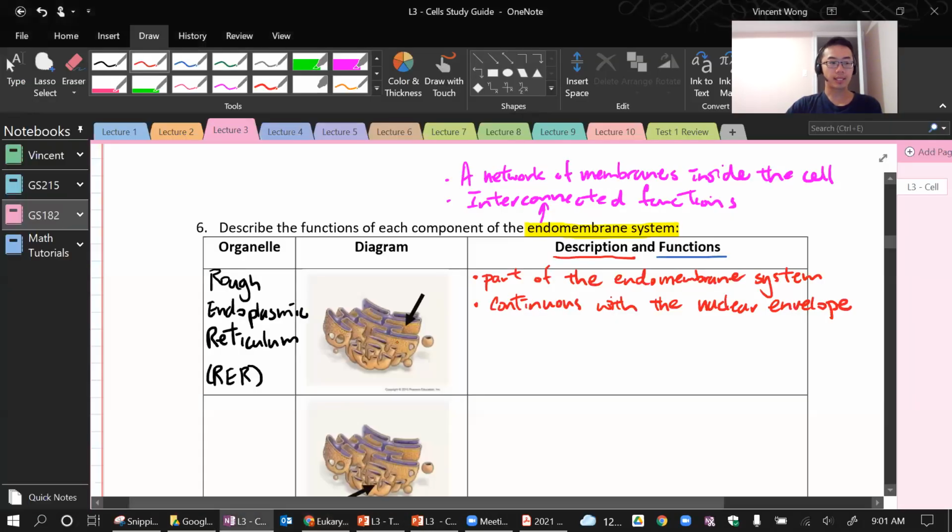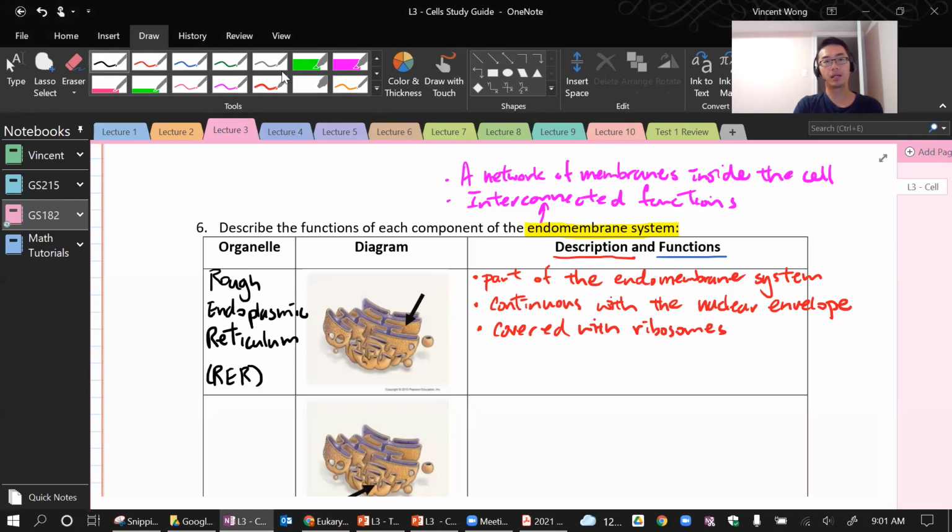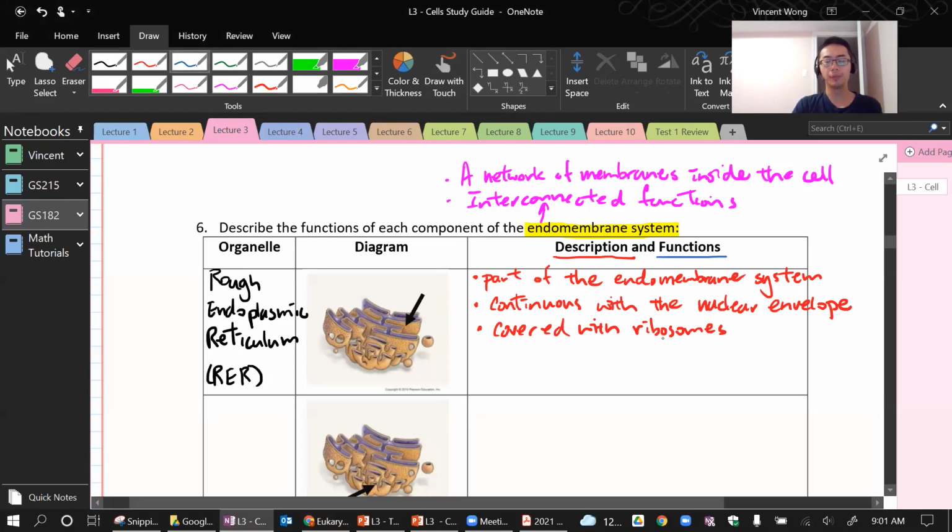Okay, so that's the description. It is also covered with ribosomes, another organelle we're going to talk about, and their function is to make proteins.